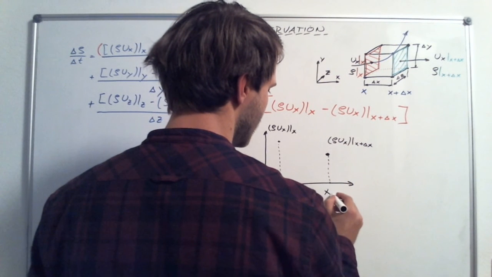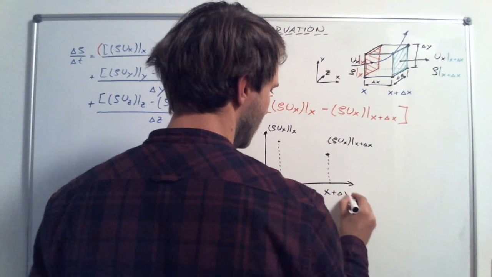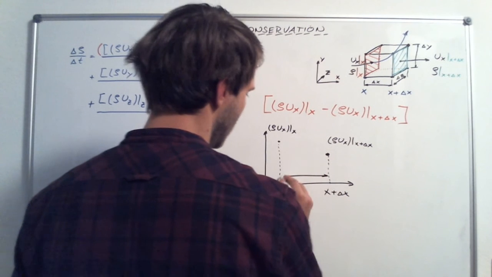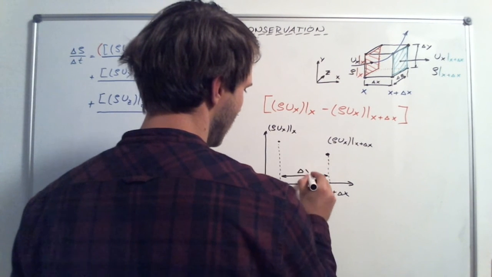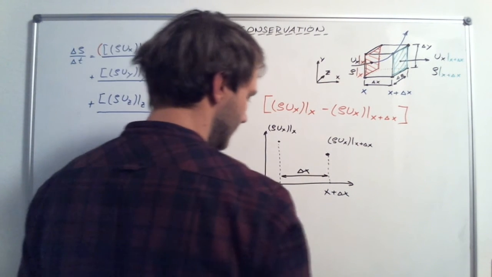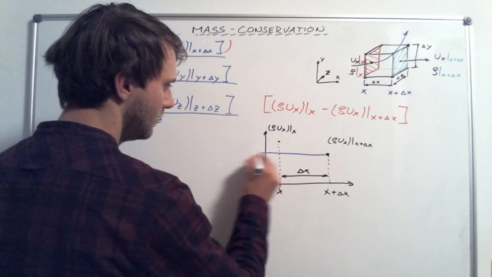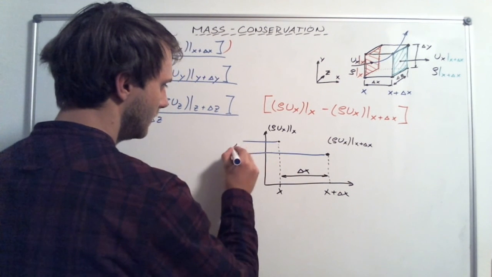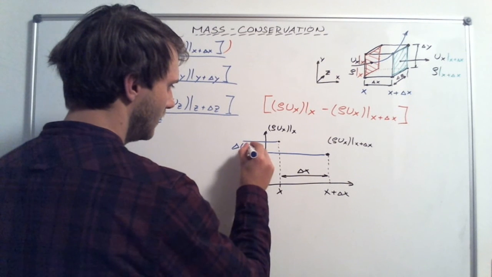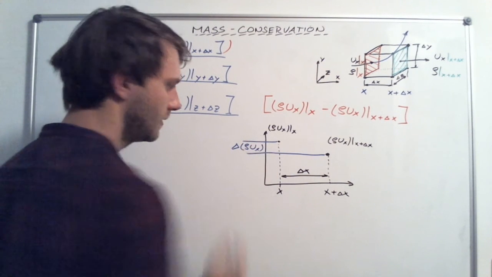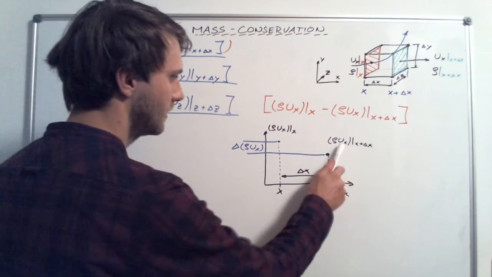We have here the position x plus dx. That means this one would be dx, and this one would be delta rho ux. I think this is clear. We just subtract this minus this.